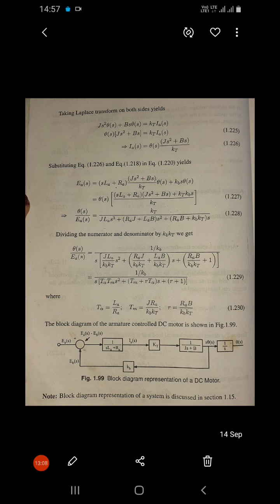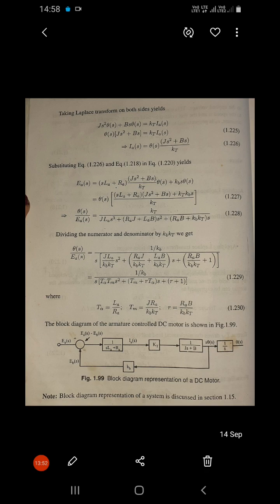Again θ(S)/Ea(S), the transfer function, equals 1 by Kb divided by the denominator part: S into [J La/(Kb Kt) S² + (Ra J/(Kb Kt) + La B/(Kb Kt)) S + Ra B/(Kb Kt) + 1].